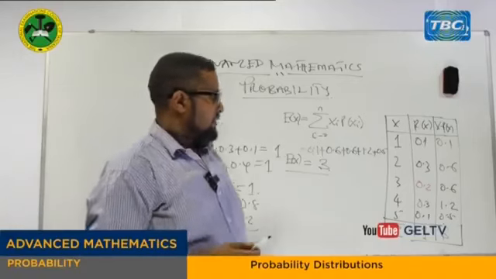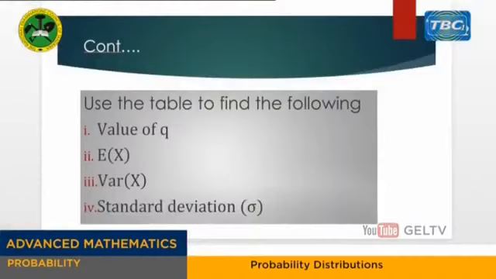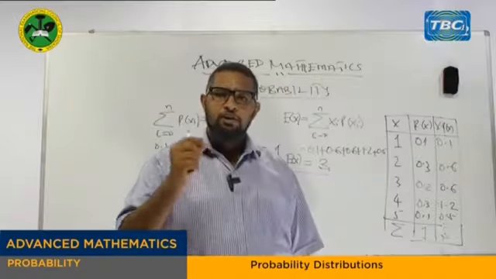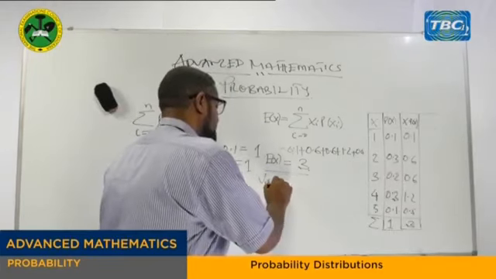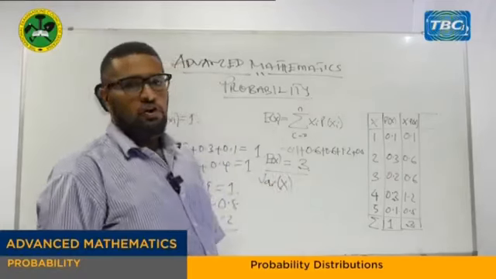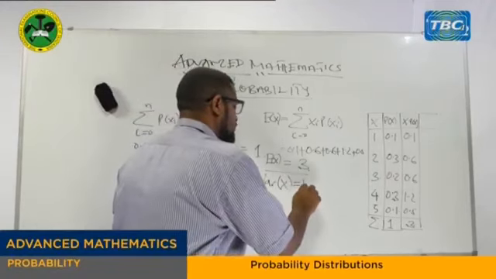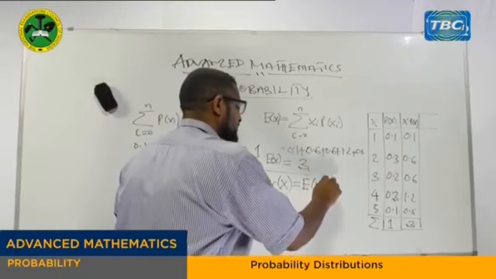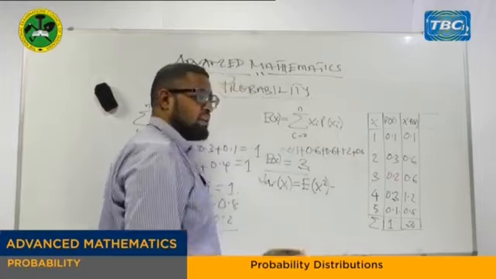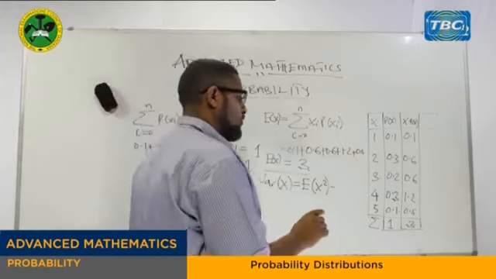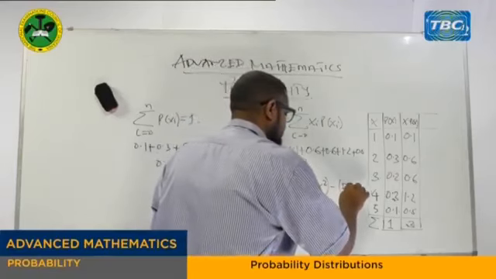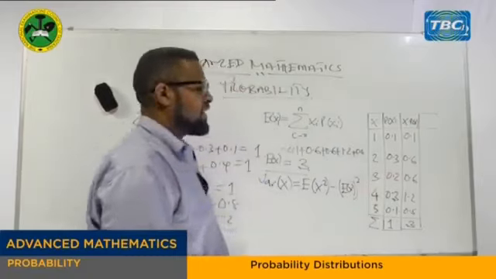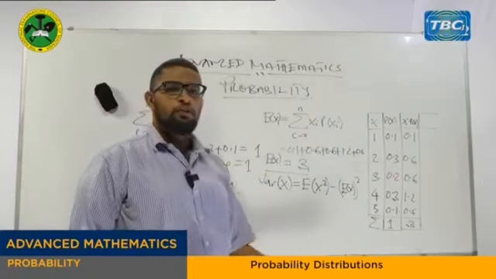Thereafter, we have a question on how to find the variance of variable x. Again, recall the formula for finding the variance of variable x. It is given by the expectation of the variable x squared minus the square of the mean, or the square of the expected value of variable x. So this is the formula for finding variance. Now, what does this formula need?